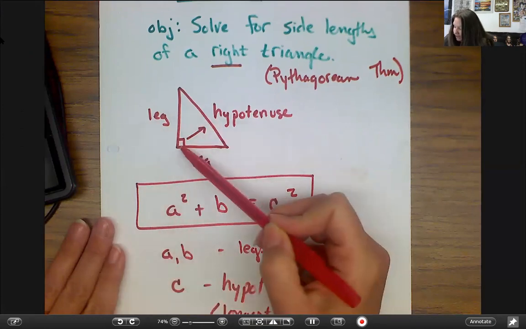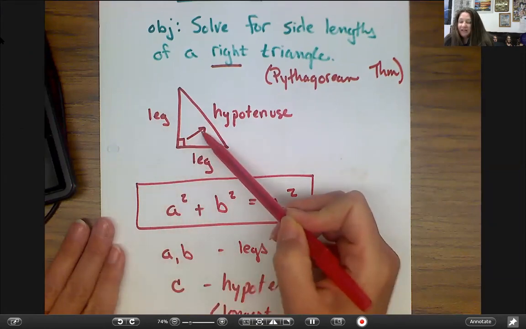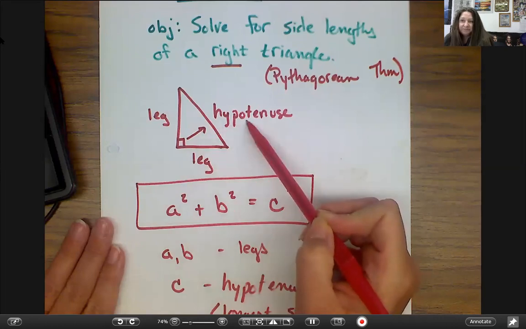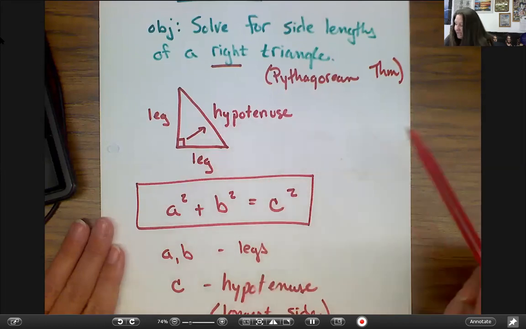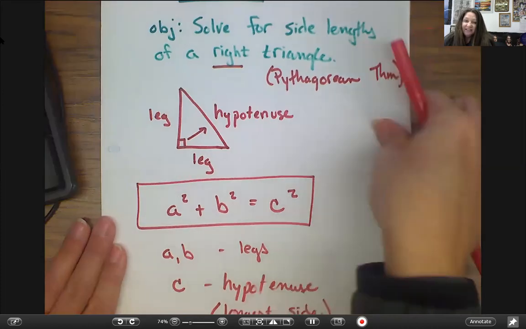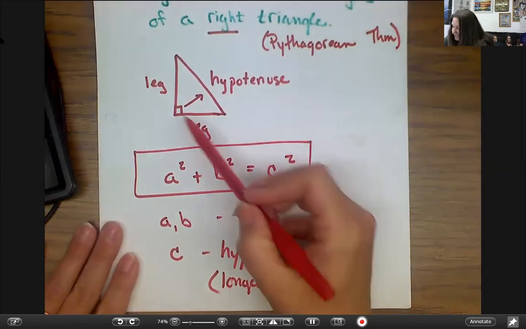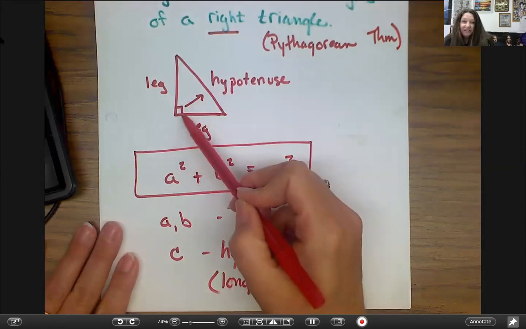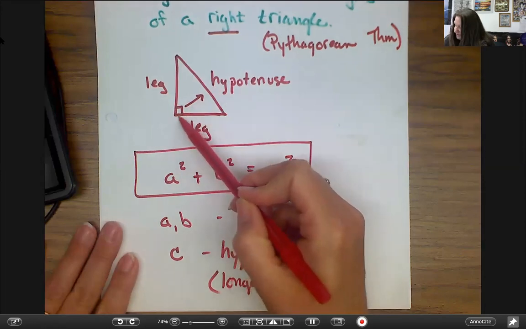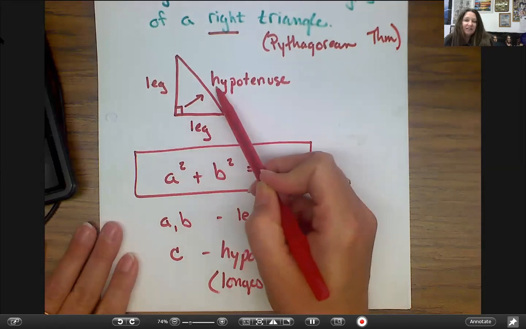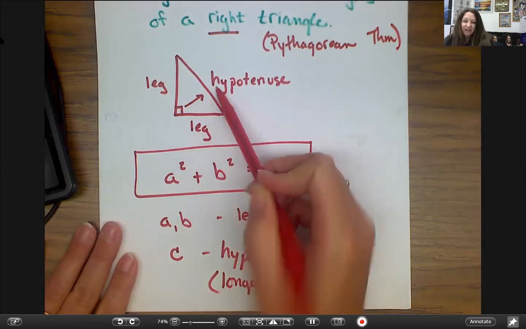And then directly across your triangle from the right angle is the hypotenuse. The hypotenuse has to be the longest side of your right triangle. The 90-degree angle is the largest angle, so then the hypotenuse straight across is going to be the largest side in our triangle.